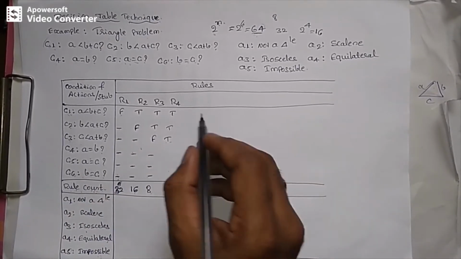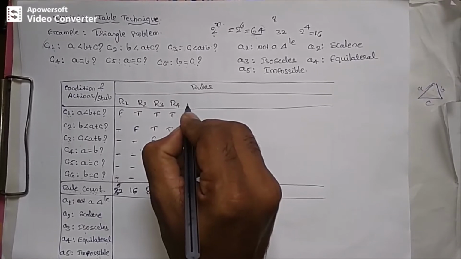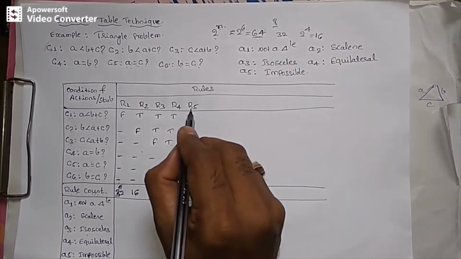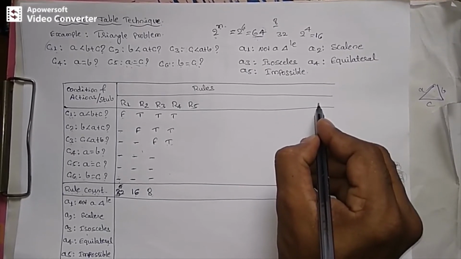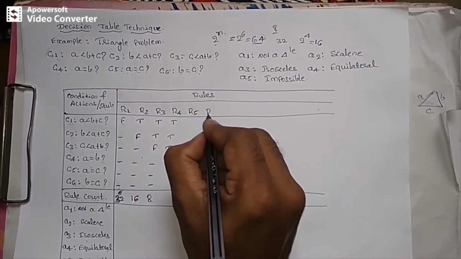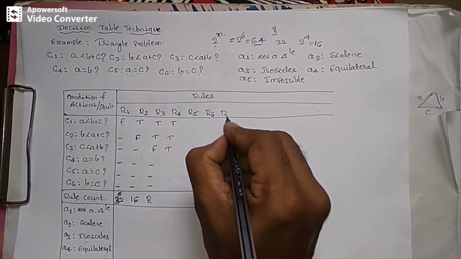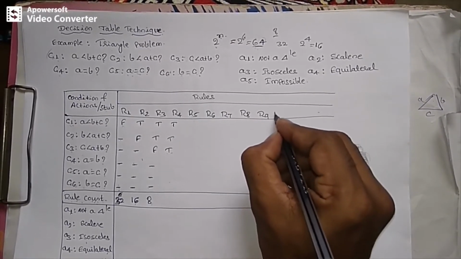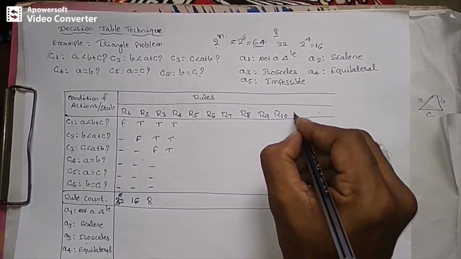Now how do we need to do the entry? Just see here, R4. Next, how many rule counts should be there? 8. Therefore 8 rules I am going to write here: R5, R6, R7, R8, R9, R10, R11.